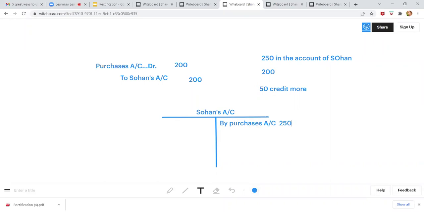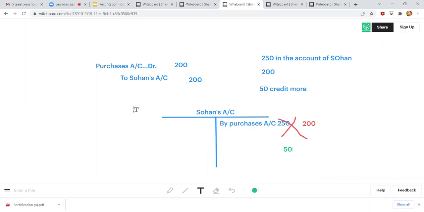This is the wrong amount. There has to be 200. So the difference is 50 rupees, right?